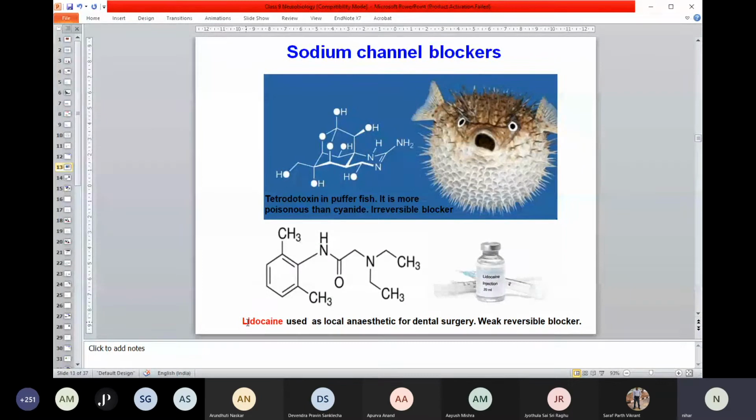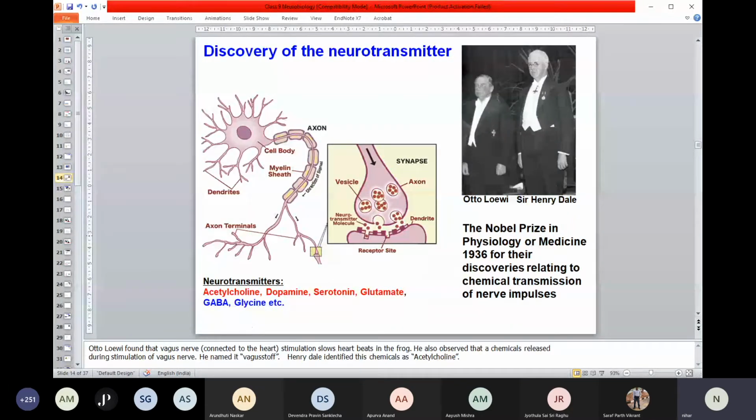This is a reversible blocker. Now, if you think about an irreversible blocker, if you inject an irreversible blocker, you can understand you will be senseless for a much longer time. Okay, these are some of the exciting things you might consider remembering. Okay, so this is how.